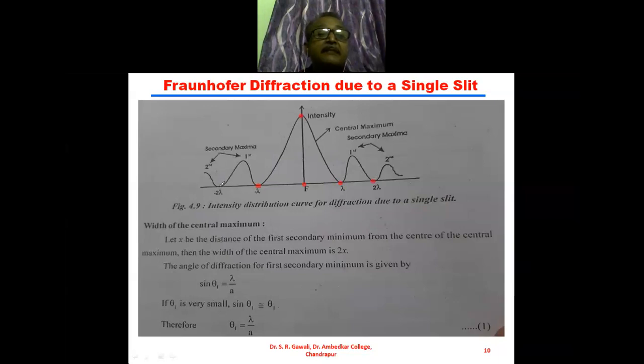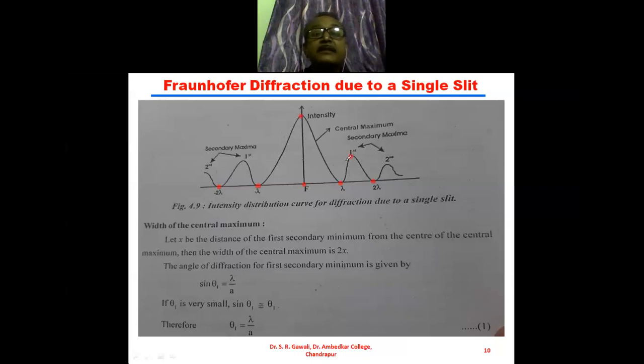This is the second secondary minimum, with minimum intensity. Did you understand? In the middle we get the maximum intensity, after that we get the first secondary minimum on one side, then the second secondary minimum on one side, and similar secondary minima will be on the other side of the point F. This is the central maximum.